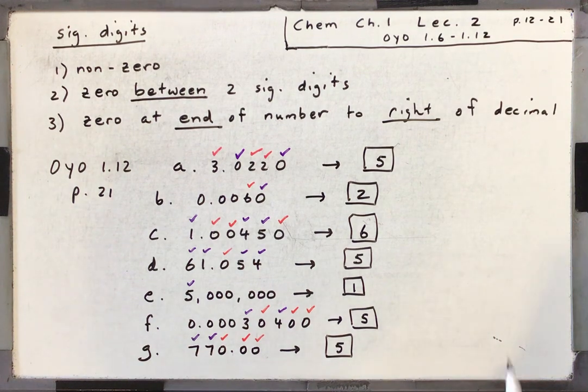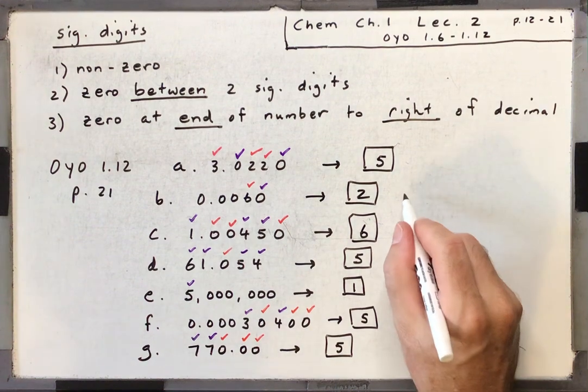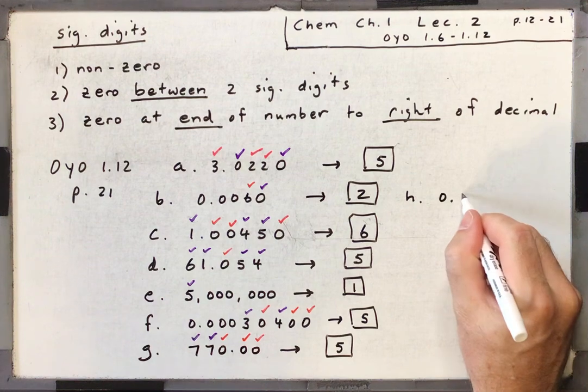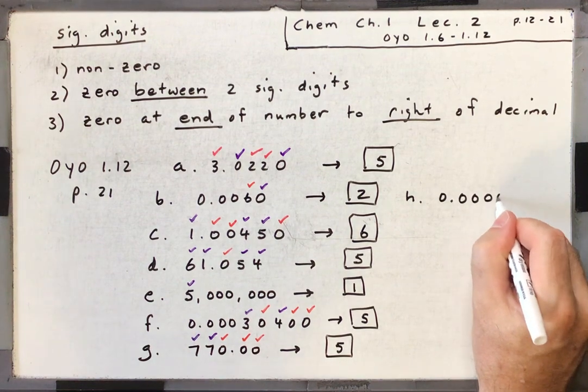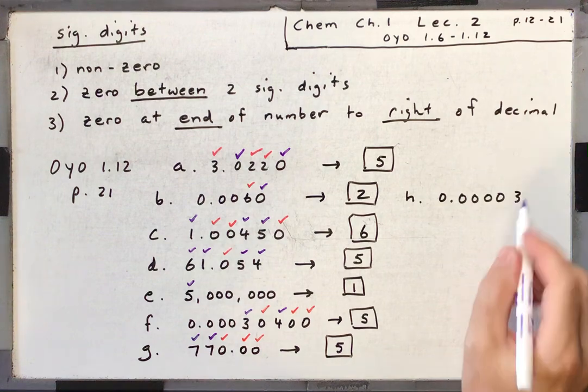And then our final example of this lecture is H. So let's see if I can fit it in right here. We've got 0.00003. All right, why don't you pause the video, try that real quick. Okay, so welcome back.